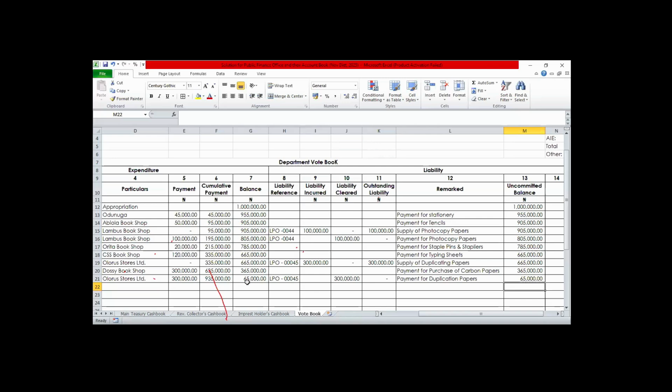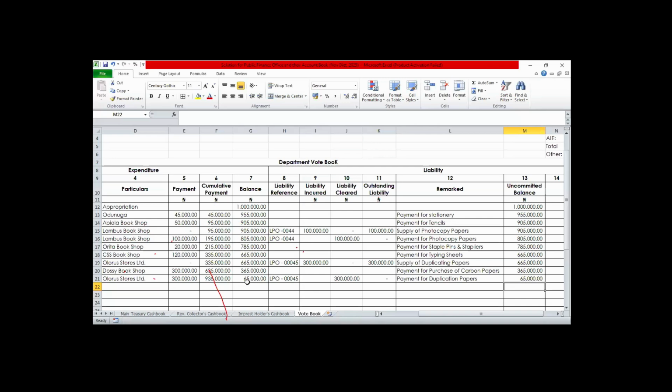Now, in our next class, we are meant to discuss sources of government revenue, and the areas we are going to cover, I've listed them for you. We are meant to look into federation accounts, consolidated revenue fund accounts, capital accounts and contingency fund accounts.